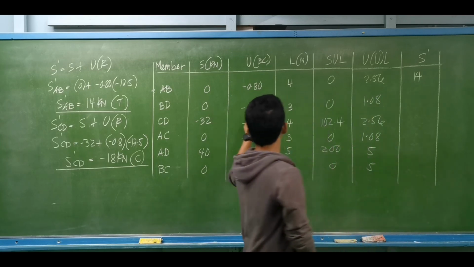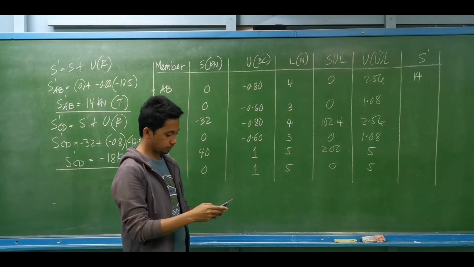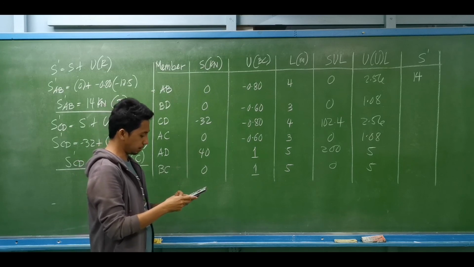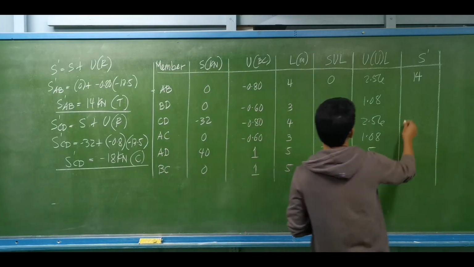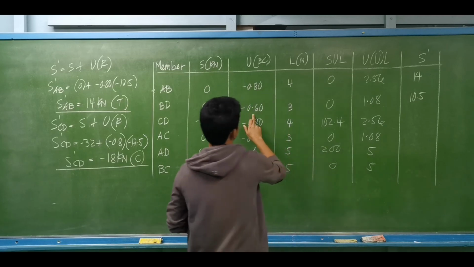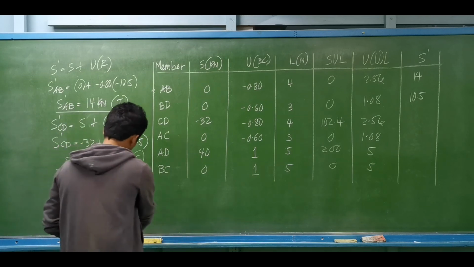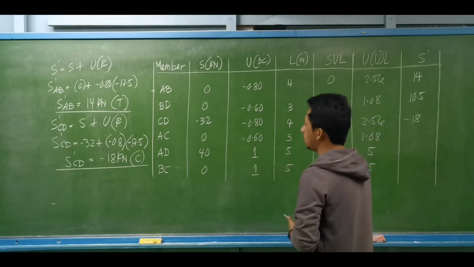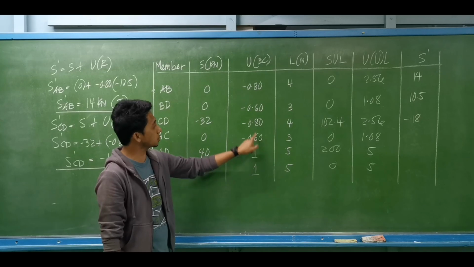How about BD? We have 0, plus negative 0.6 multiplied by negative 17.5. This is 10.5 under tension. And then we have CD, which we computed as negative 18 kilonewtons. How about AC? Again, that is 0 plus 0.6 times 17.5.